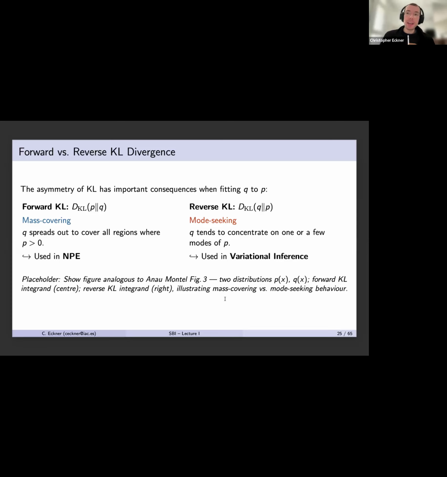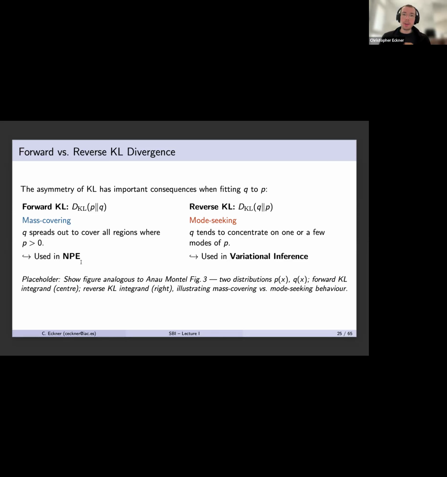If you use it in the forward case, this is the mass-covering case. The Kullback-Leibler divergence measures how Q spreads out and covers the full region of your initial distribution P that you want to approximate. This is typically the way it is used in neural posterior estimation. Then you have the reverse Kullback-Leibler divergence, which is sometimes called the mode-seeking case.